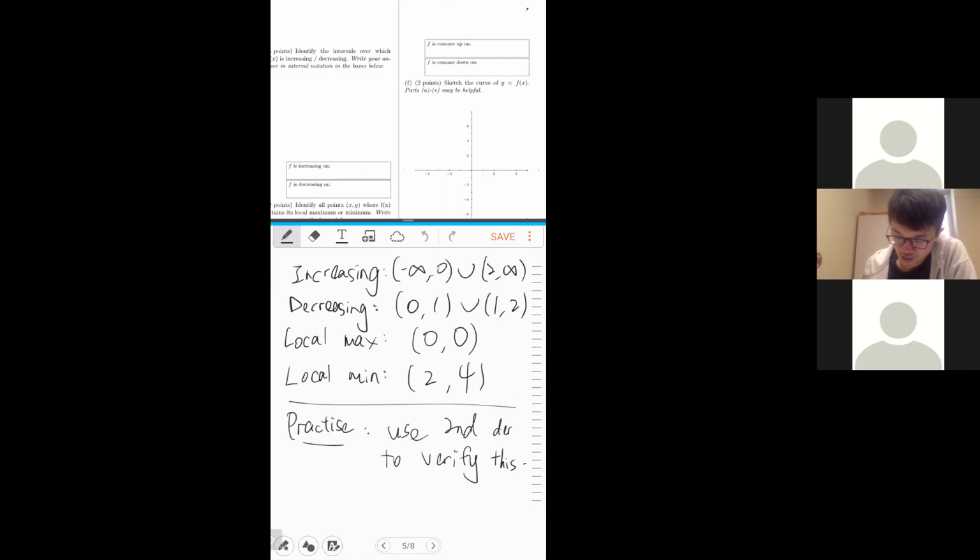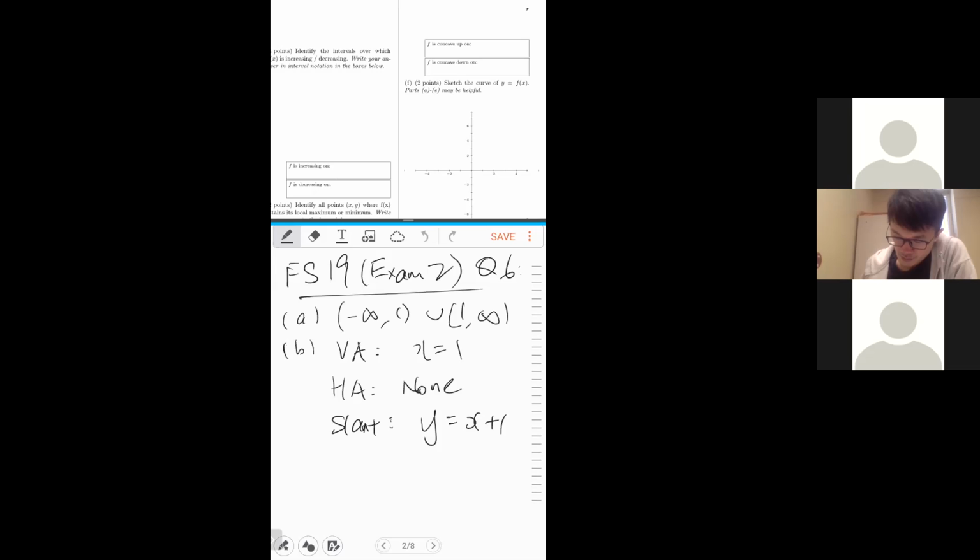Probably not, but as I mentioned, you could get matching questions. So potentially you would get multiple graphs to choose from. Okay, so draw the vertical asymptote and also the slant asymptote. The vertical asymptote was x equals 1. The slant asymptote was y equals x plus 1.